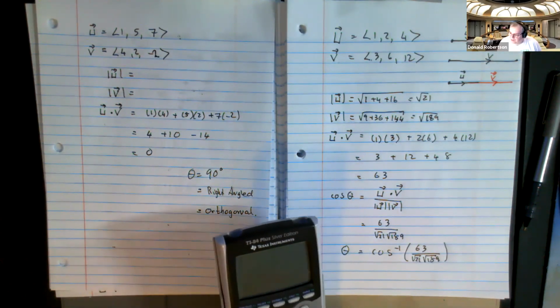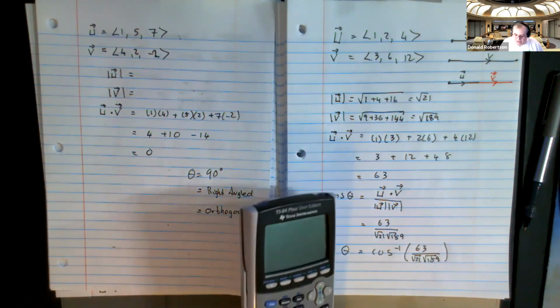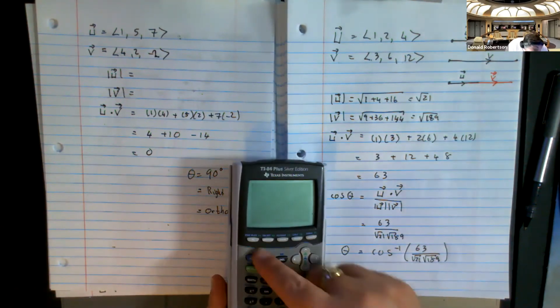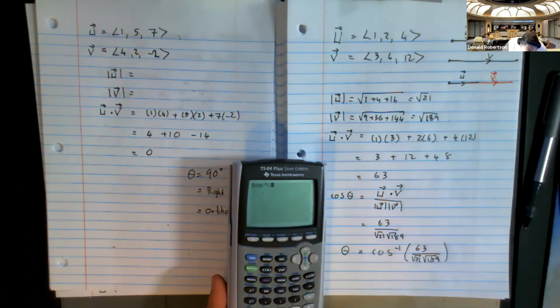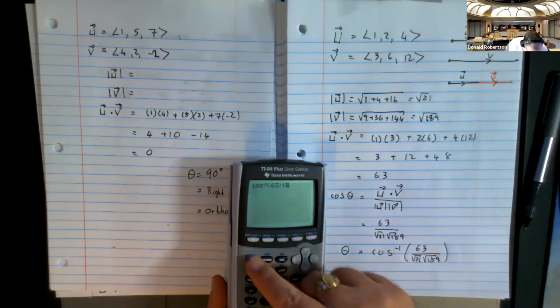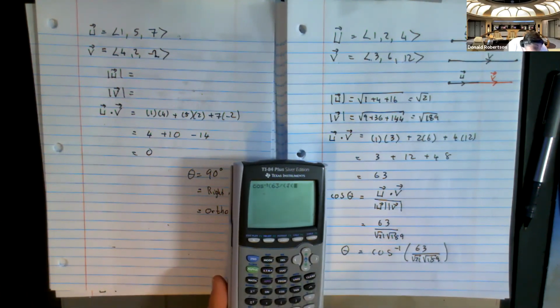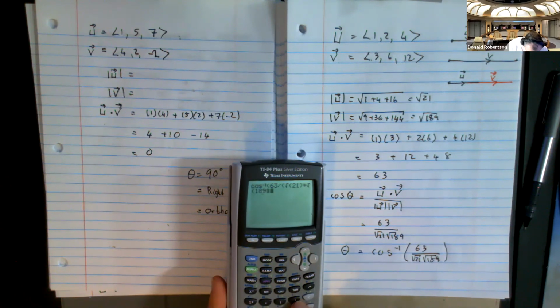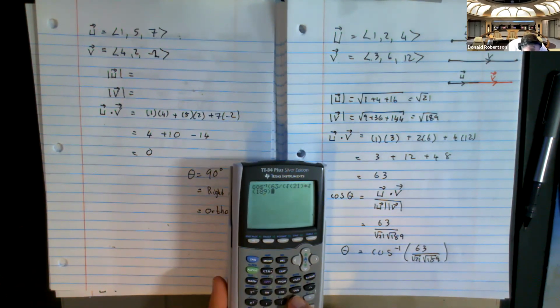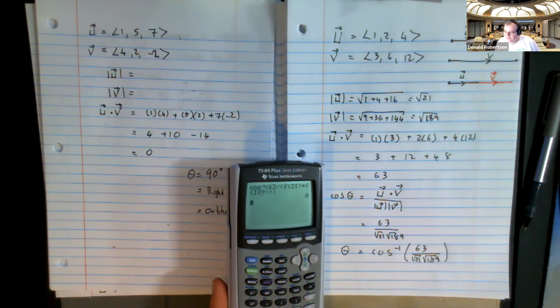Agreed? That's what we should get. Let's see what we have then. Inverse cosine, 63 divided by a bracket, square root of 21 times square root of 189. If I made a mistake there, I'll fix it. Oh, 0.